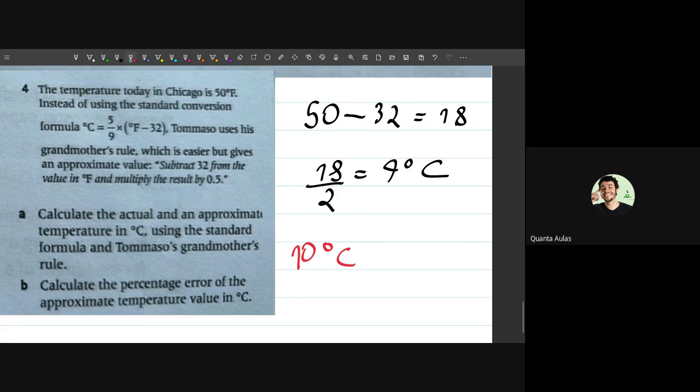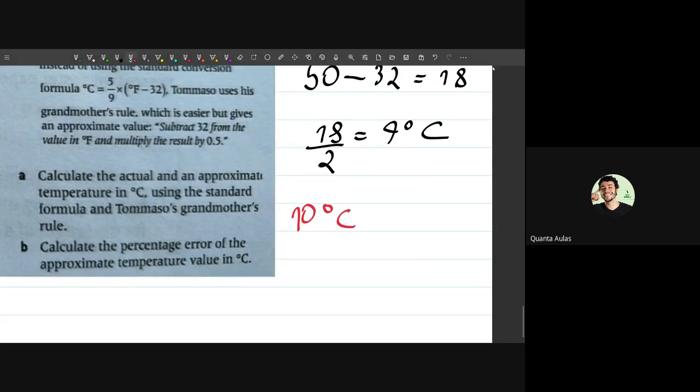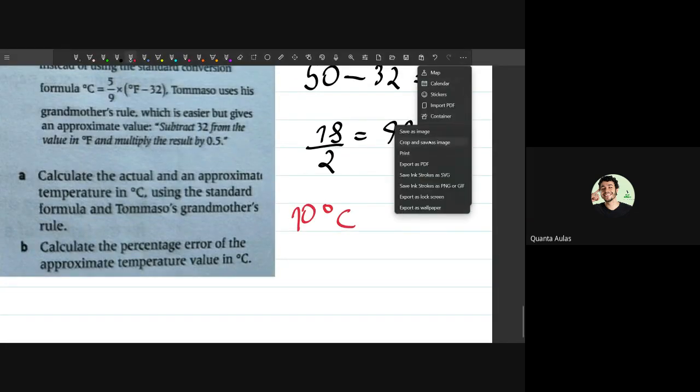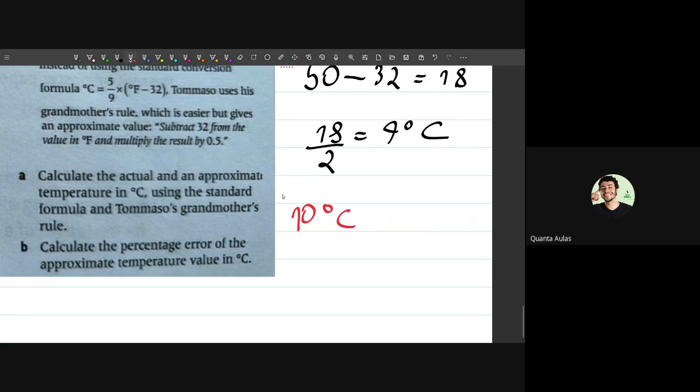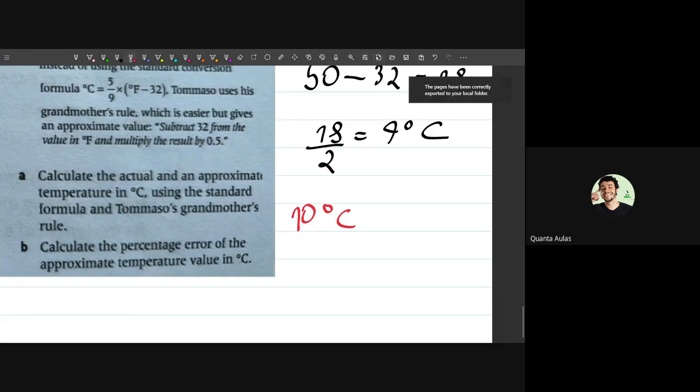Okay, let me see. I need to download. Okay. I need to open a new page. Okay.